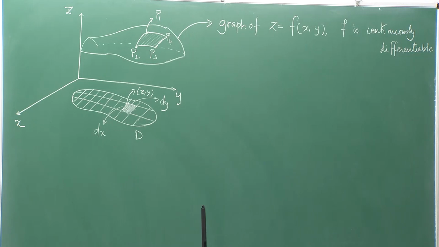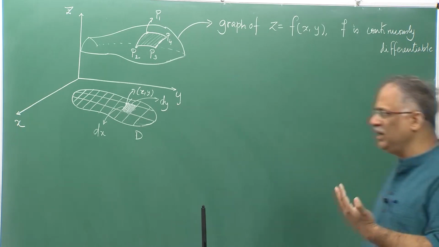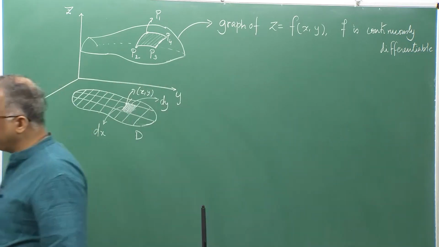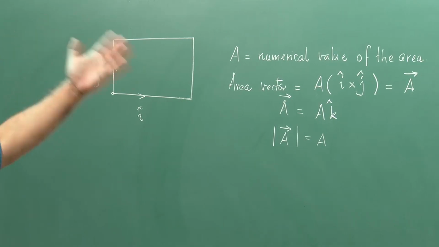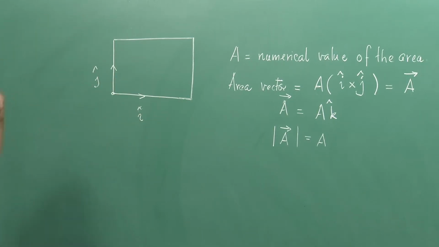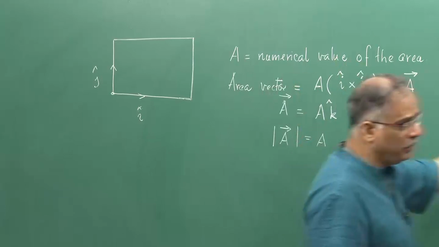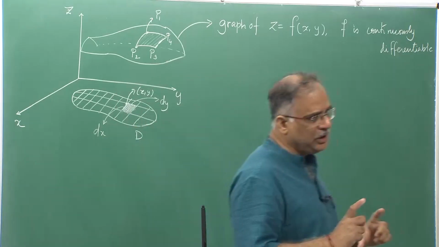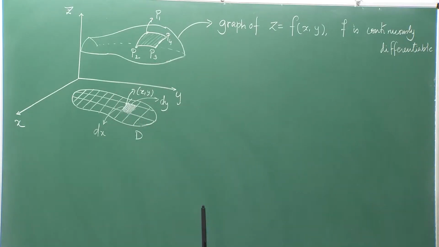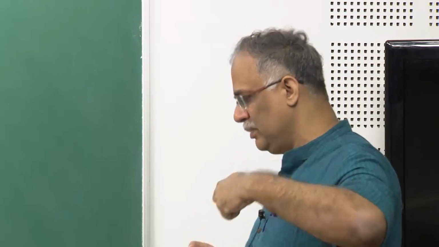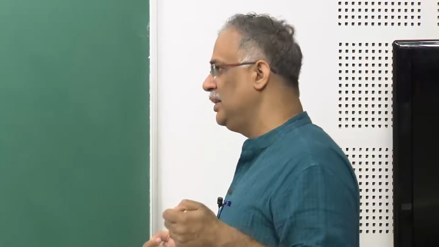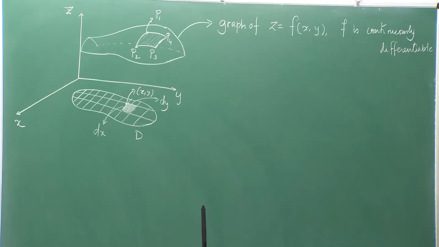A parallelogram also can have an area vector defined in the same way, and I would ask you to let your imagination freely flow as to how I can do that, because the notion of cross product will come there also. If you take a rectangle and a parallelogram lying between the same parallel lines, sharing one side, then they have the same area.